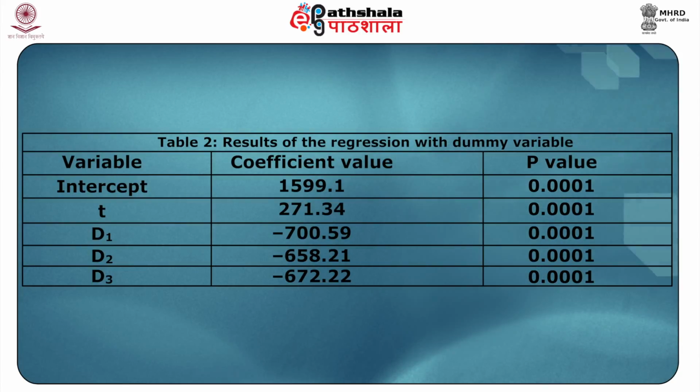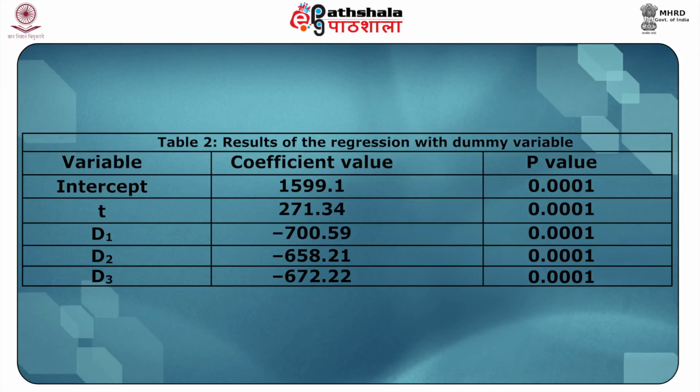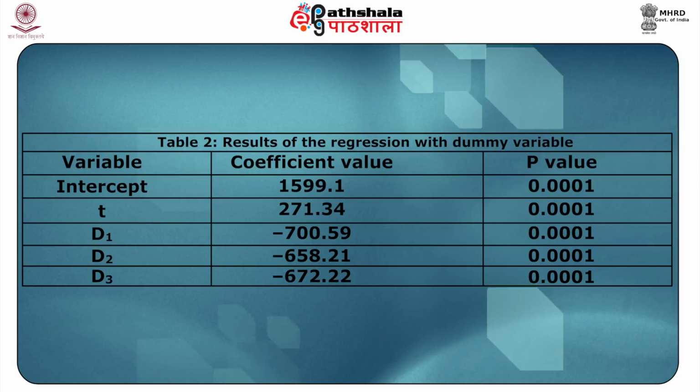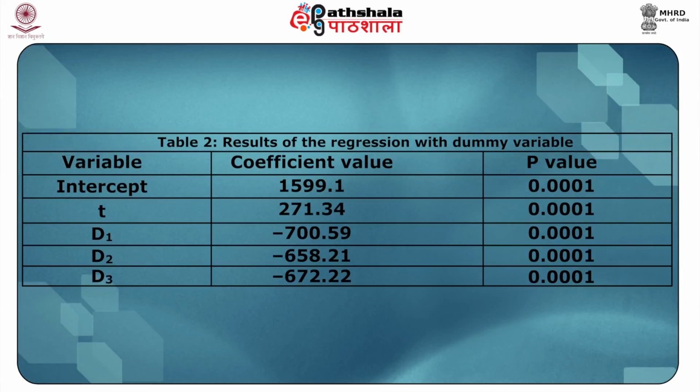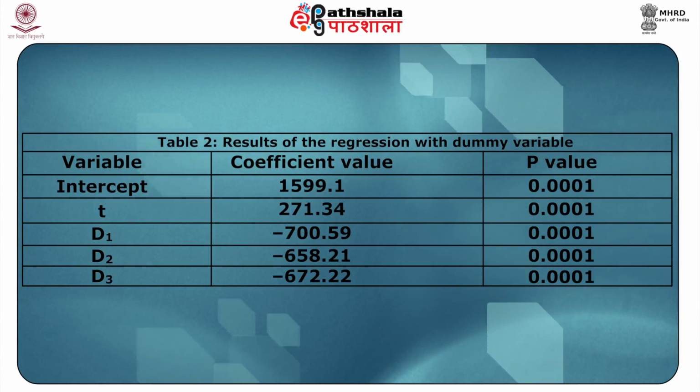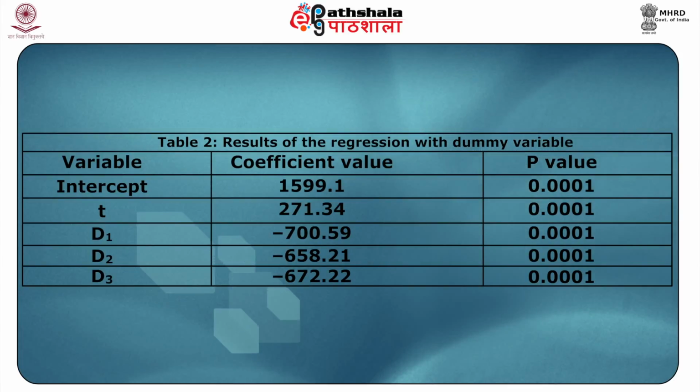P-value is 0.0001. For D2, the coefficient value is minus 658.21 and the p-value is 0.0001.